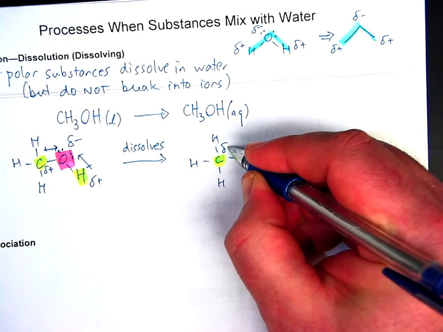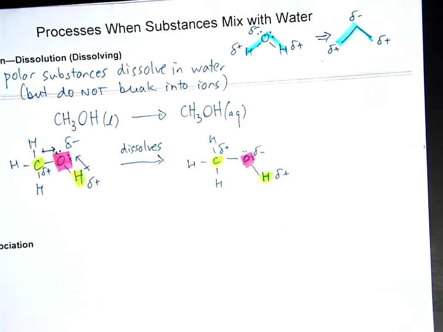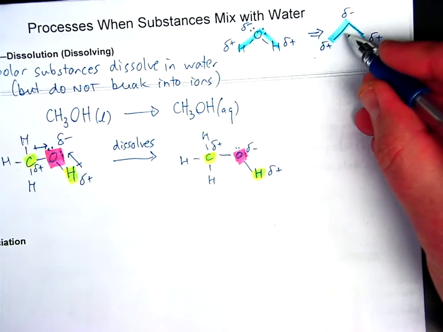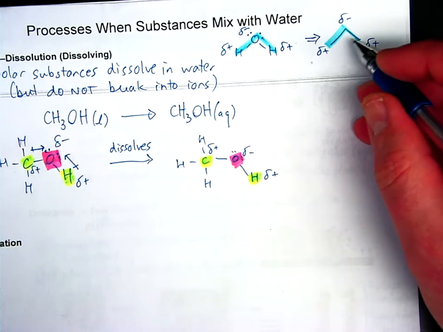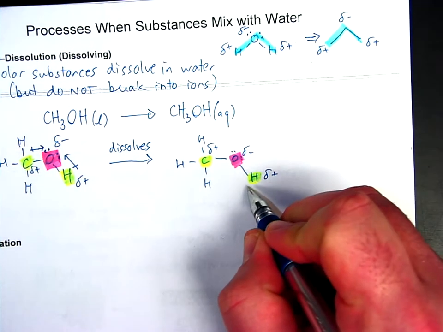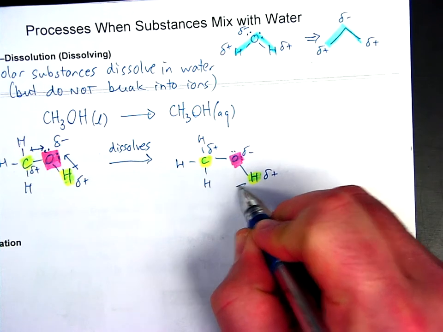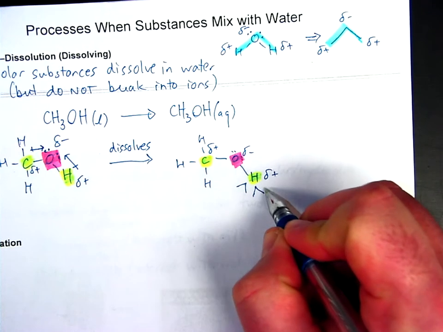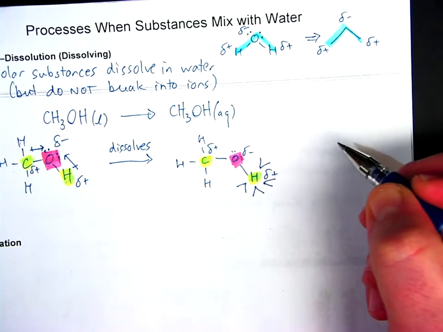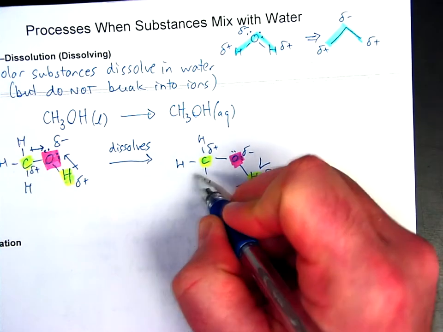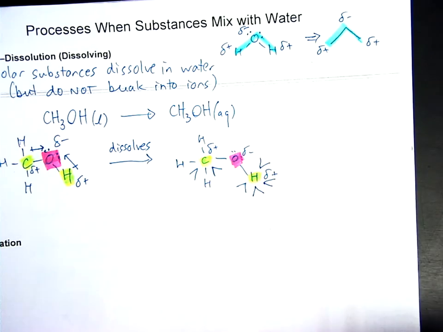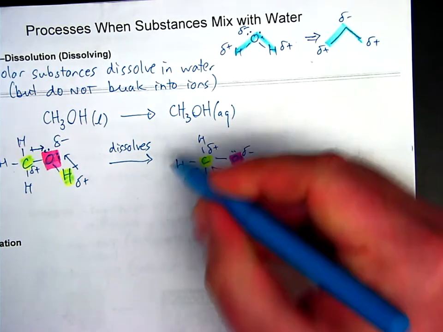This carbon not quite as much, but it will still interact. So the negative ends of the water molecules will be attracted to these positive ends of the structure. We'll have a little oxygen attracted to the hydrogens here. Same thing with this little positive end. We'll have water trying to interact with the positive end.